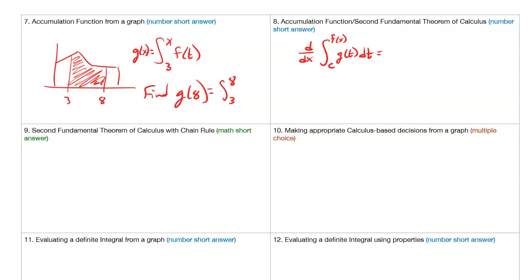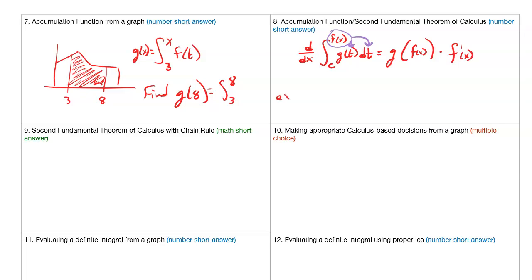If you're taking the derivative of a definite integral of this setup, you're going to take whatever function is there and put it in place of both t's. So your answer would be g of f of x times f prime of x.